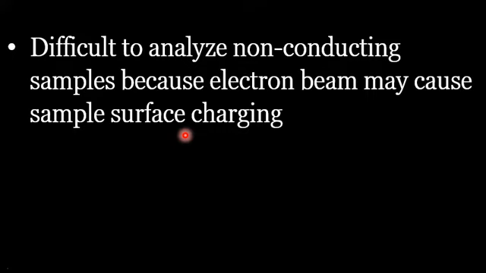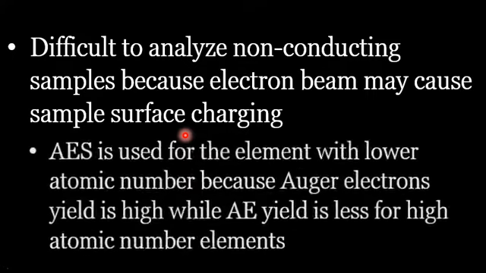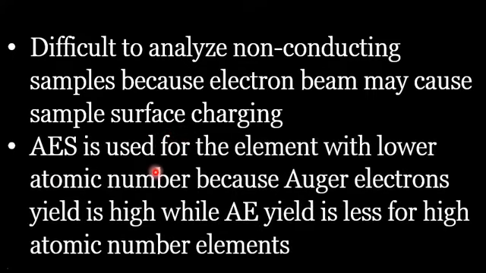Students, please note that Auger electron spectroscopy is used for elements with lower atomic number because Auger electron yield is high, while Auger electron yield is less for high atomic number elements.